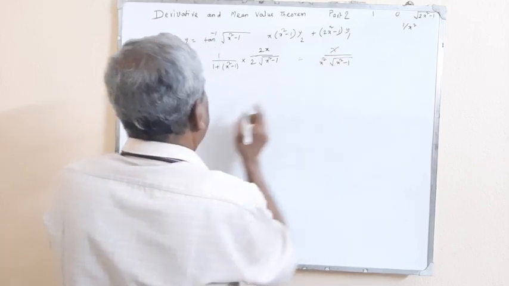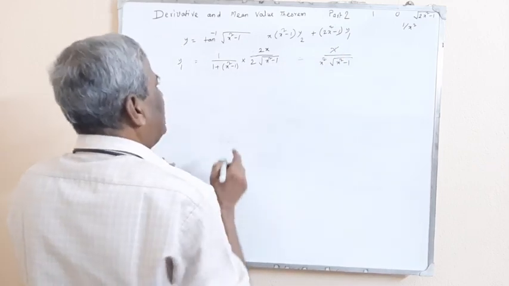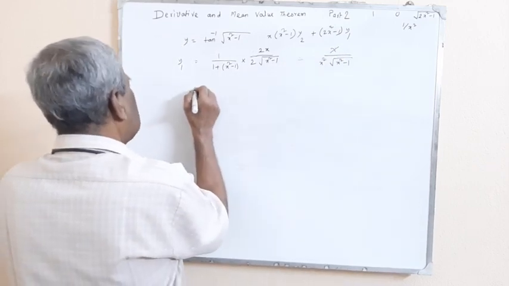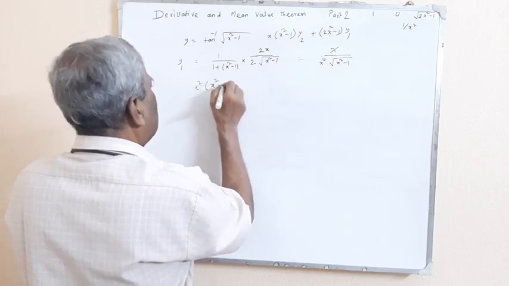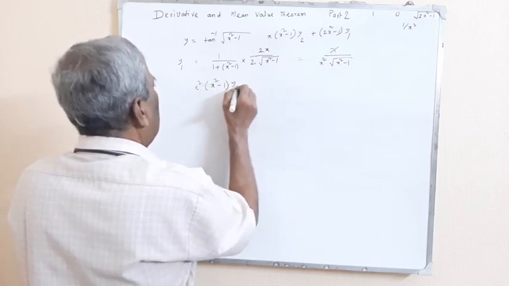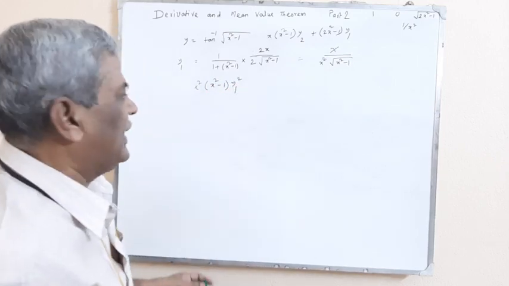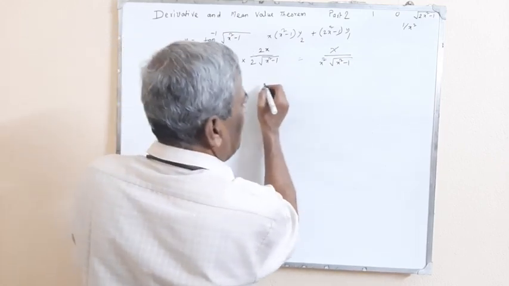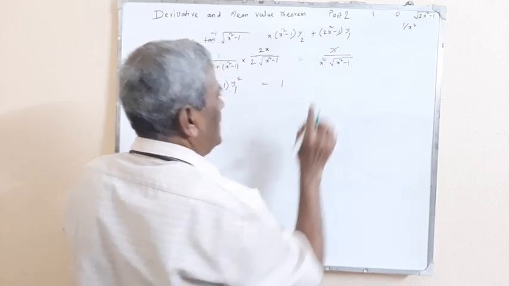So squaring both sides, we get x square into x square minus 1 into y1 square, y1 square means dy by dx whole square, is equal to 1. Nothing else is there, only one constant 1.